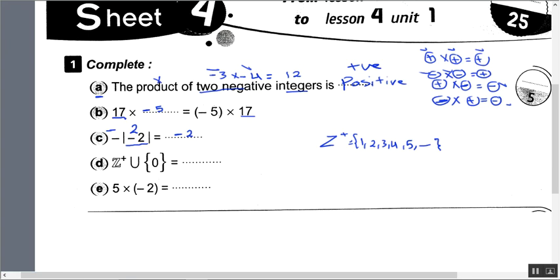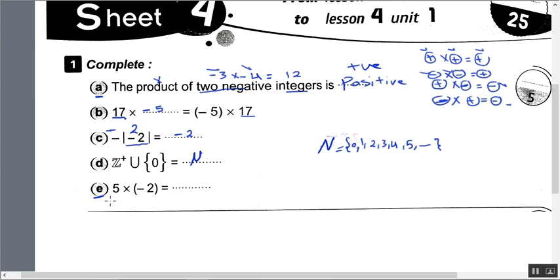So we can add also 0. So here it will be the set of 0, 1, 2, 3, 4, 5, 6. It's called natural numbers. So positive integers union the set of 0, the final result will be natural numbers.